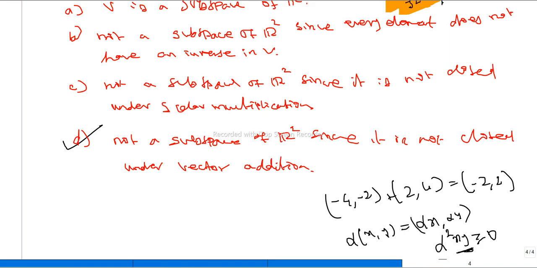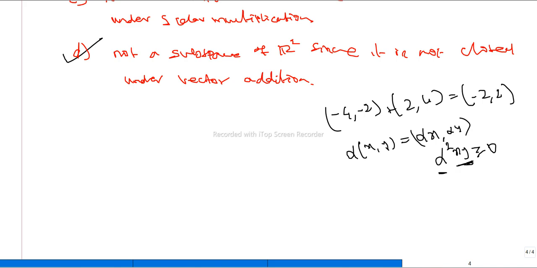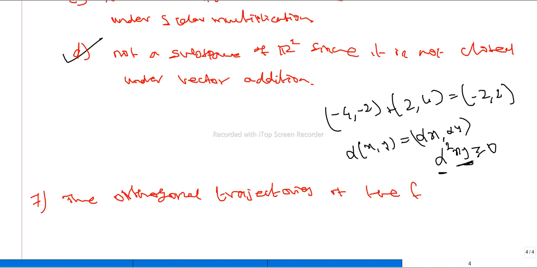Okay. So the next question, 7th question: the orthogonal trajectories of the family of straight lines.